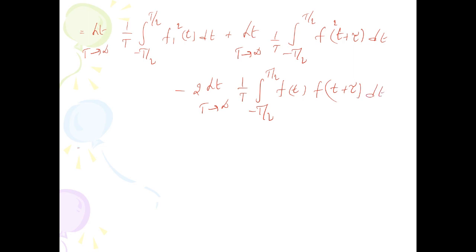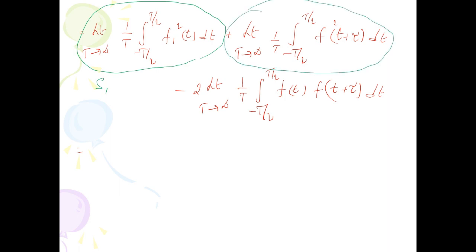From this we can understand that the first part is the signal power S, and the second part is also the signal power S, because this is not a cross correlation, and a time shifted signal will not have any power variation. The last part is the autocorrelation function.